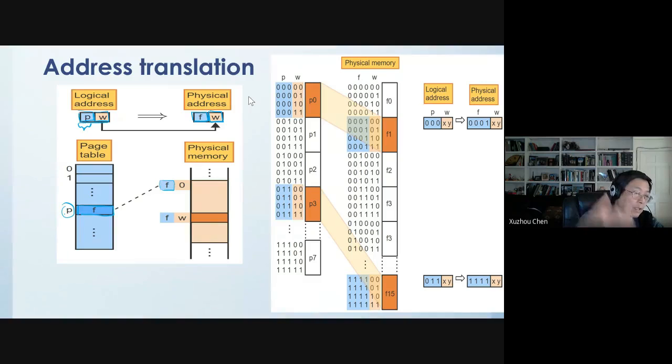If the school bus is parked at the school, then that location is the physical address. Then you're going to say, John is in school bus 7, parked in the school, and he's in the first row. So the first row is the offset we're talking about.